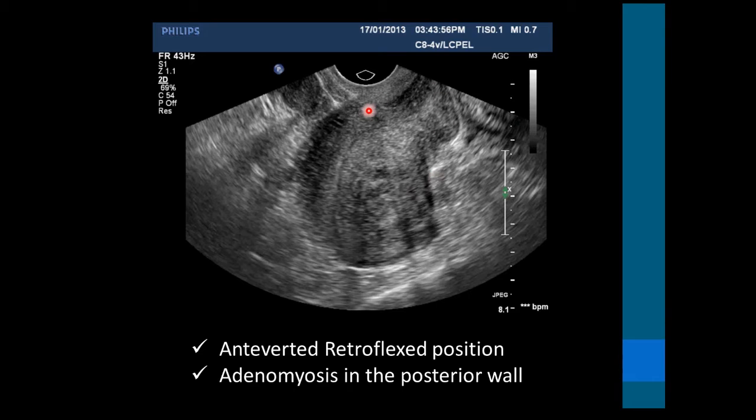So an anteverted retroflexed uterus with adenomyosis in the posterior wall should make you concerned regarding deep infiltrating endometriosis, and should be an alarm bell to go and look at the pouch of Douglas in a lot of detail.